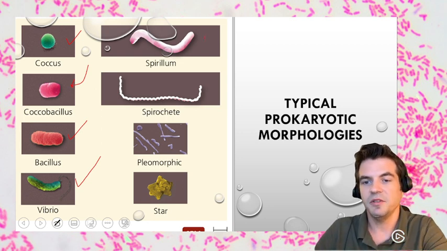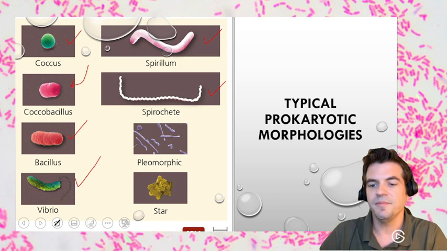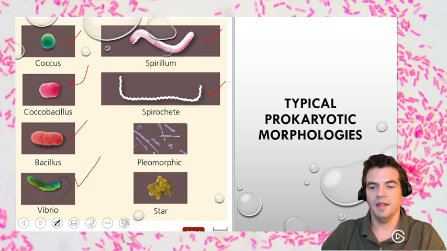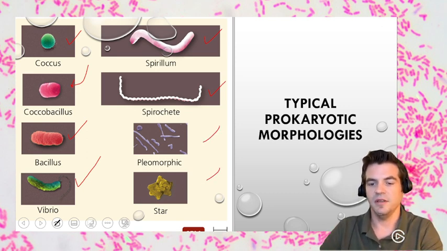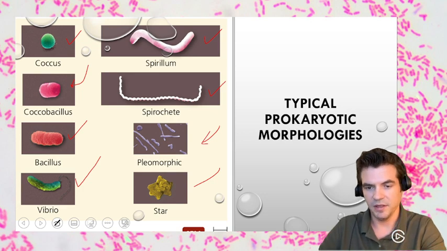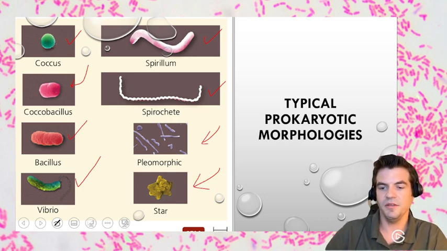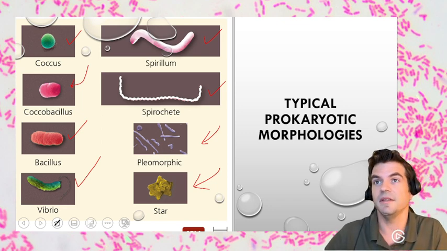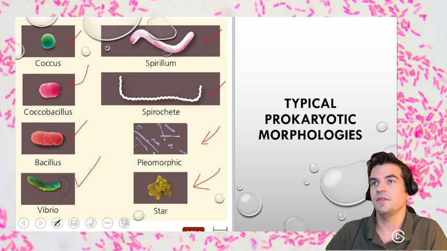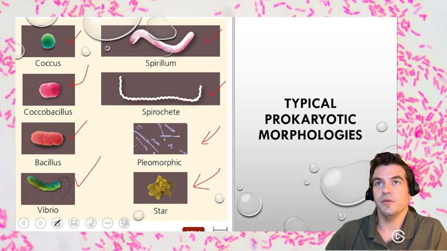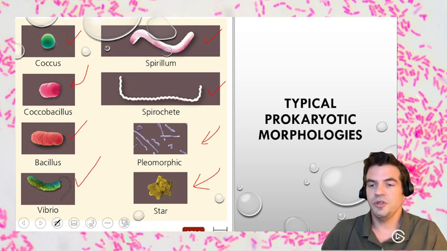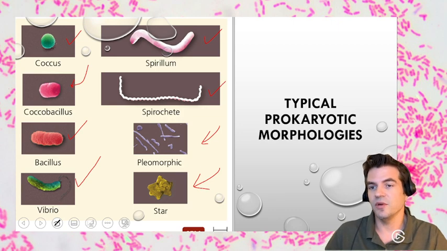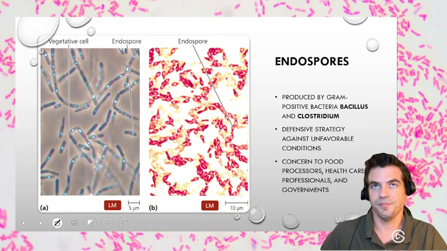We have spirillum and spirochete you're going to want to know, and then of course a few others that we see here called pleomorphic and star, but those are not as important as coccus, bacillus, vibrio, spirillum, and spirochete. You're going to want to know those shapes, especially for the first test.